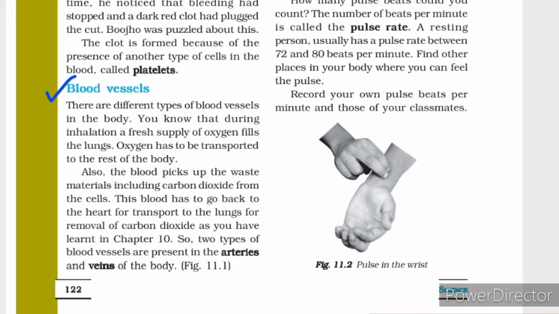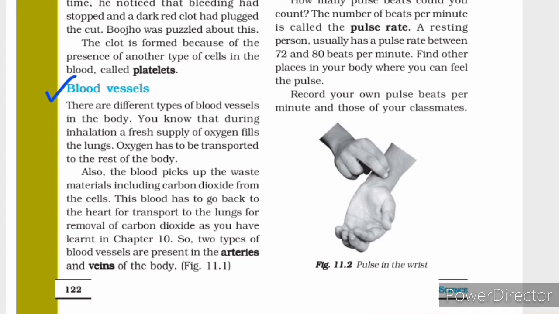You know that during inhalation, a fresh supply of oxygen fills the lungs. Oxygen has to be transported to the rest of the body. Also, the blood picks up the waste materials, including carbon dioxide, from the cells. This blood has to go back to the heart for transport to the lungs for removal of carbon dioxide, as you have learned in Chapter 10.